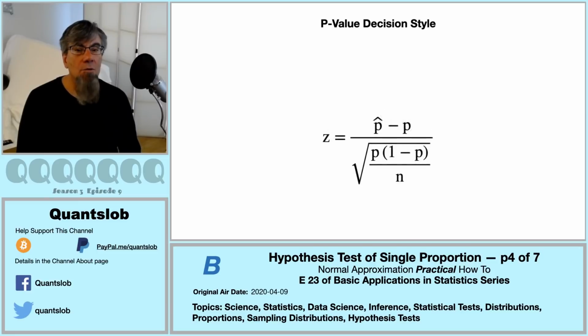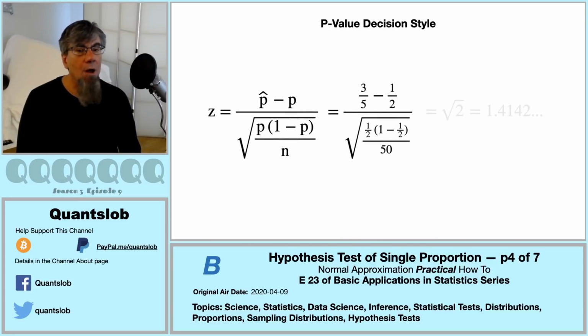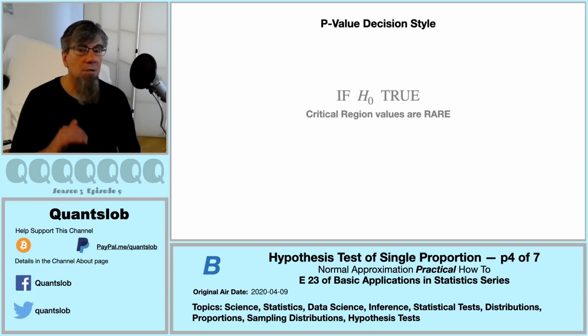In a p-value decision test, we do not calculate a critical region as we do in a traditional decision theory style test. Rather, we immediately calculate our test statistic.